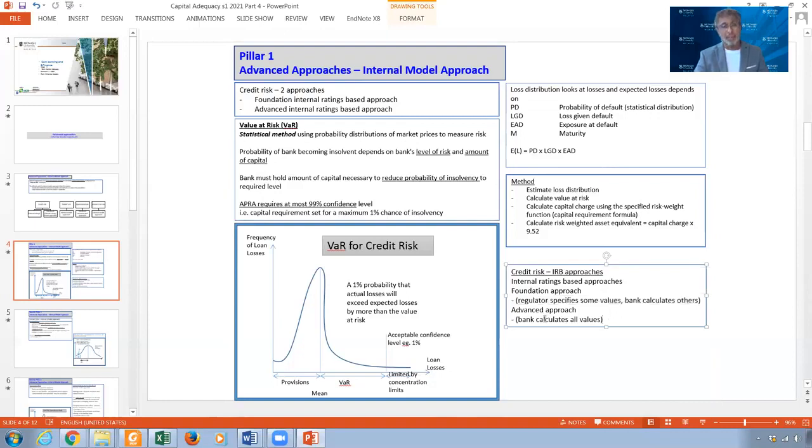But in the advanced approach, all values are calculated by the banks. So you have the foundation approach and the advanced approach, but all of them depart from the internal model, as opposed to the standardized model.